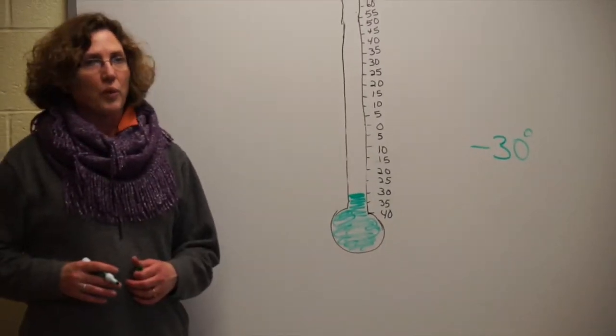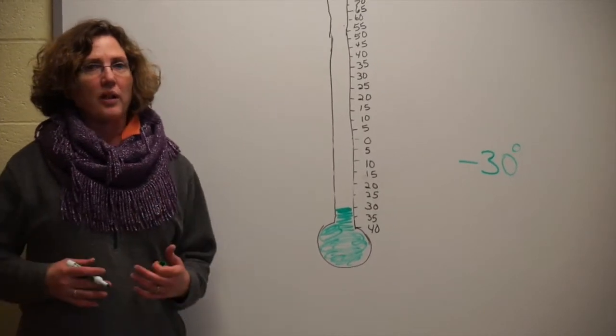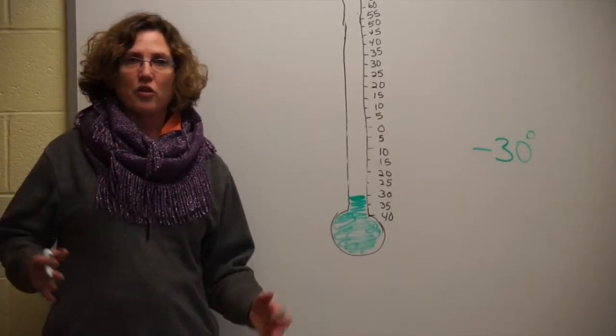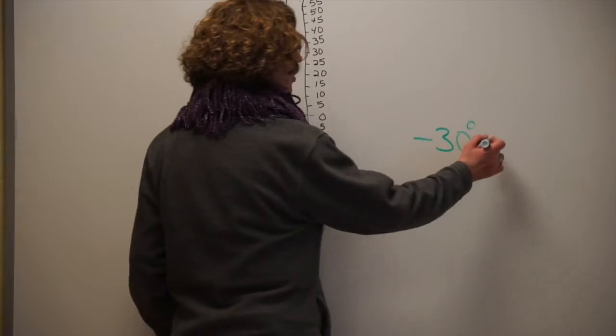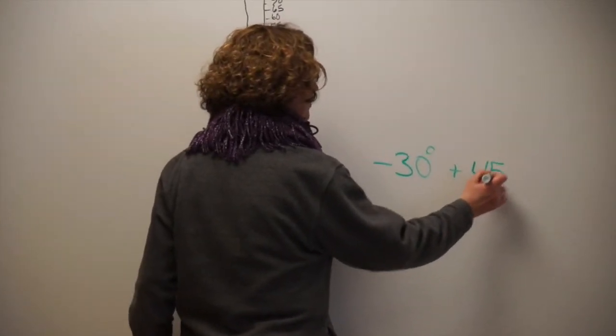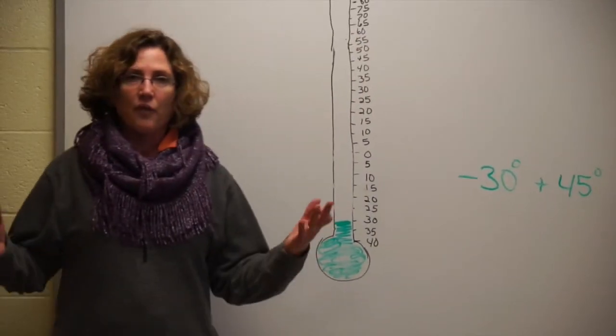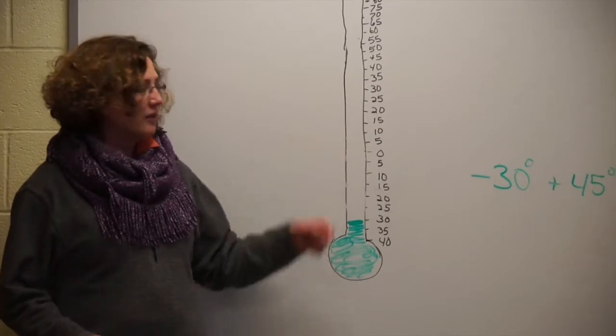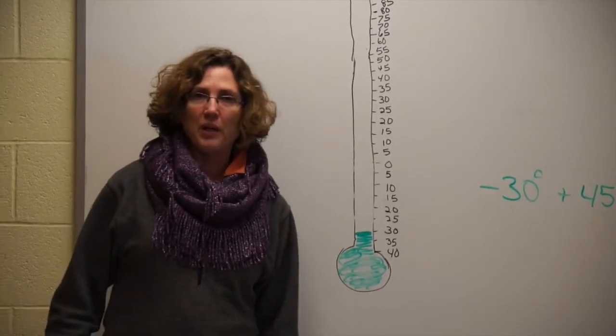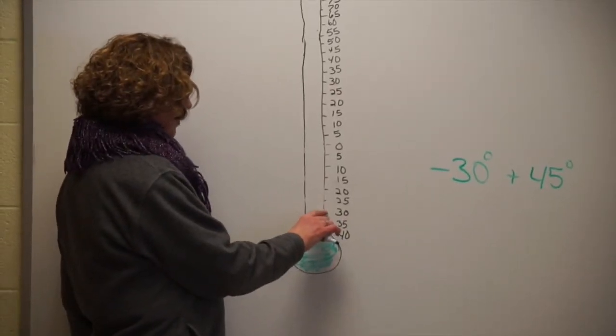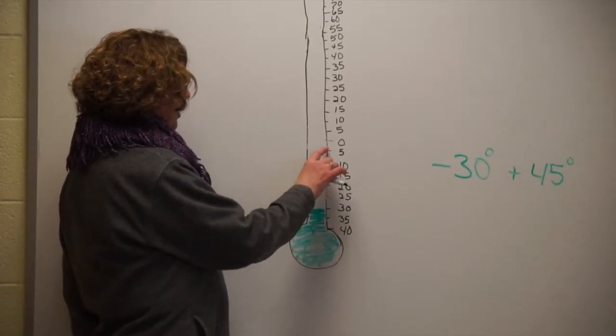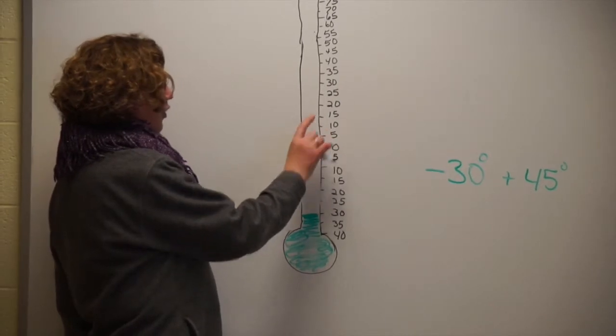Let's say that we got a south wind and the temperature rose 45 degrees. If it went up 45 degrees, how warm would it be? Let's figure it out. 45 degrees. 5, 10, 15, 20, 25, 30, 35, 40, 45.